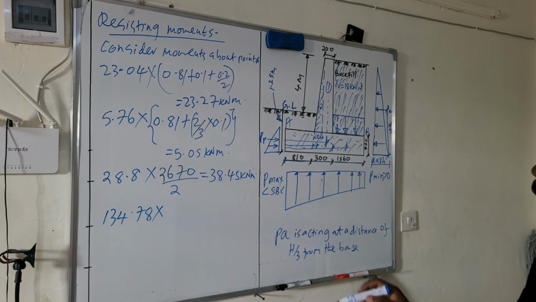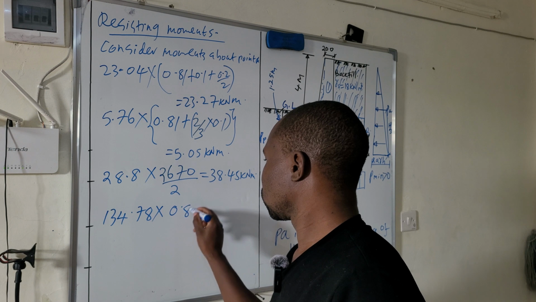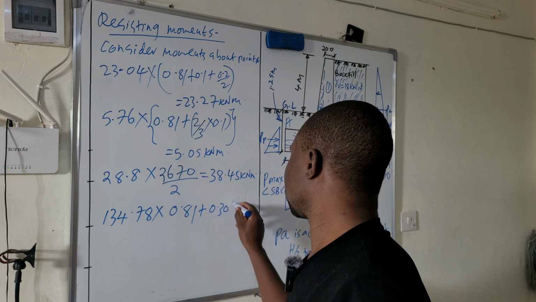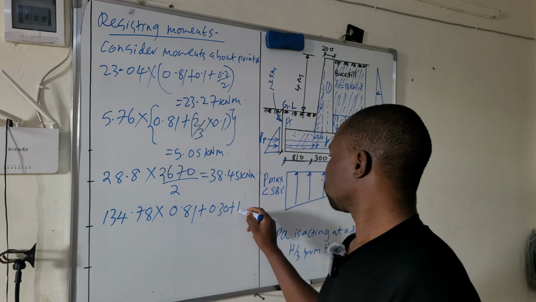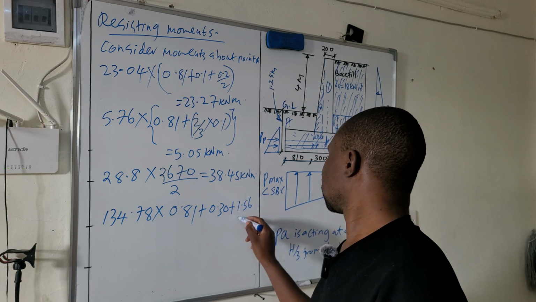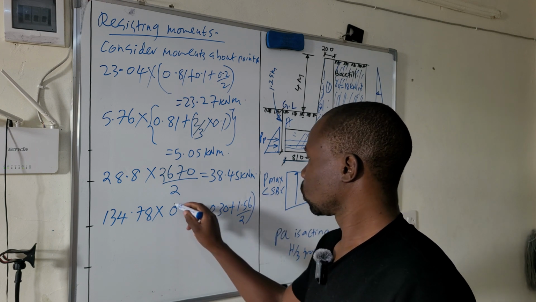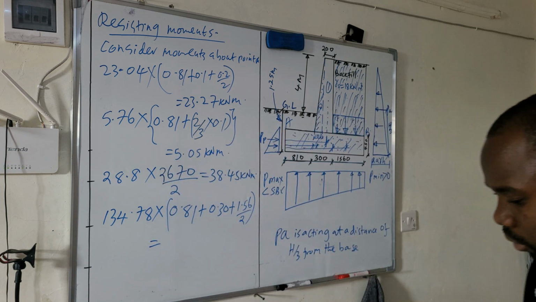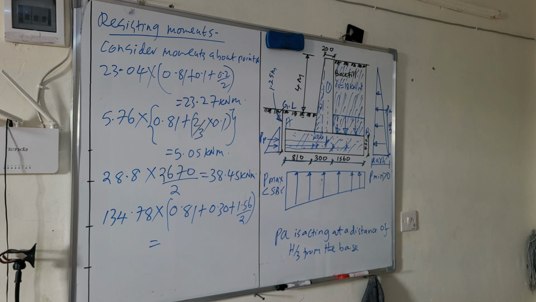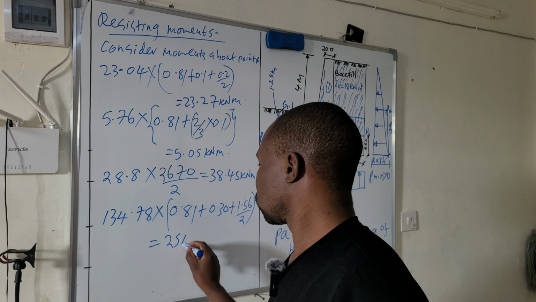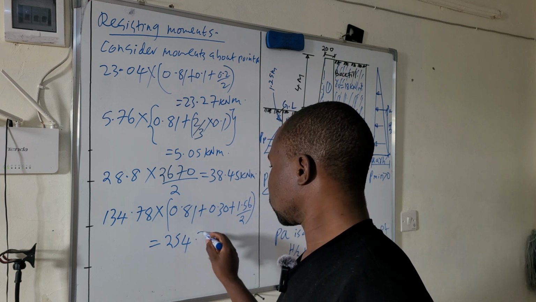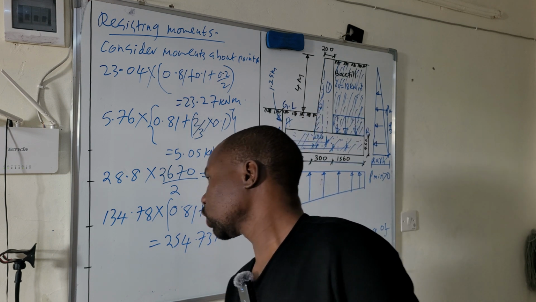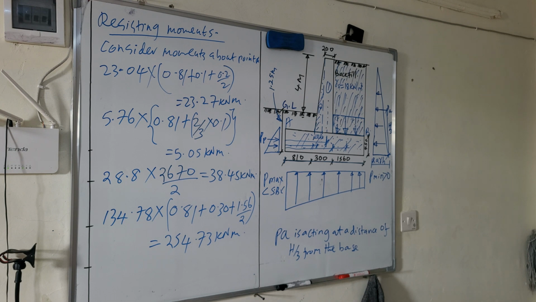So it will be 0.81 plus 0.30 plus 1.56 over 2. So the answer will be 254.73 kilonewton meter.